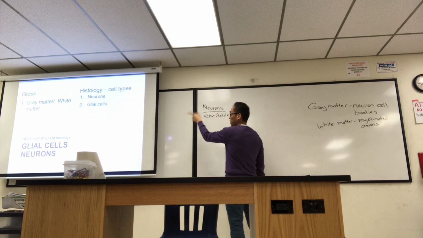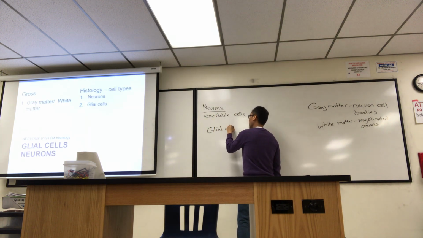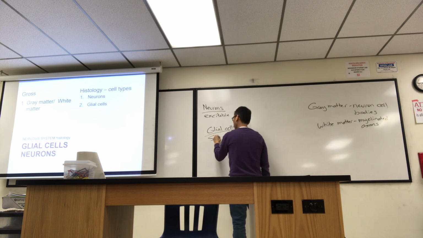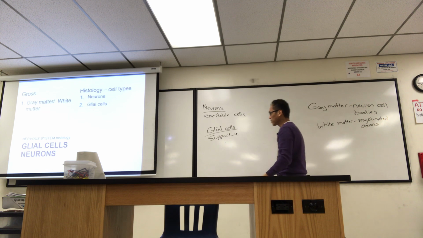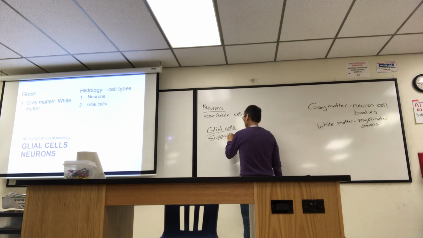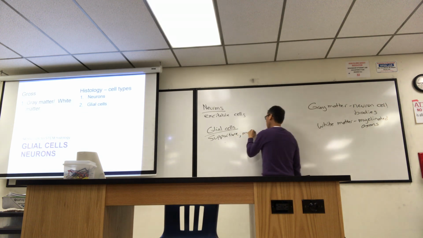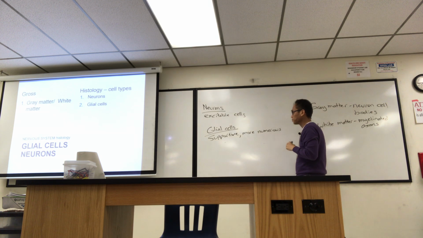But these cells need a lot of support. So we'll go through some of the glial cells. They're supportive. They actually outnumber the neurons something like 10 to 1, so they're more numerous. And they're non-excitable.